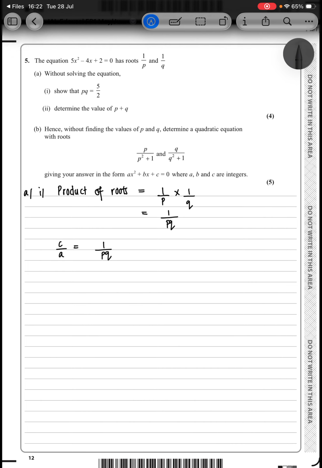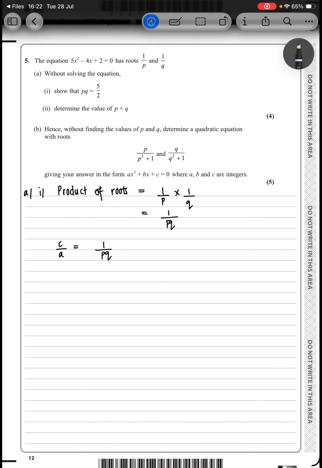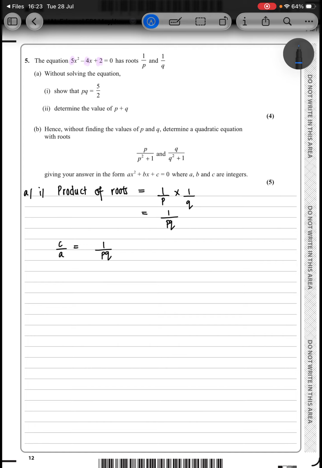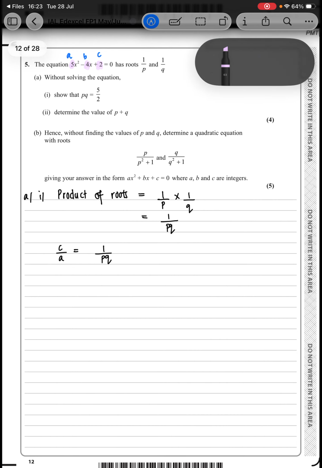Now in a quadratic equation, the first element, this 5, will be our A, the minus 4 will be our B, and the plus 2 will be our C. I'll jot that down, including the minus as well.